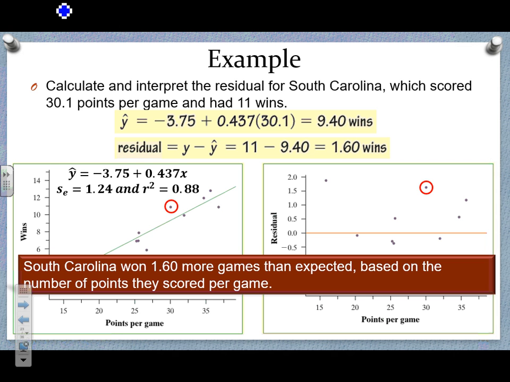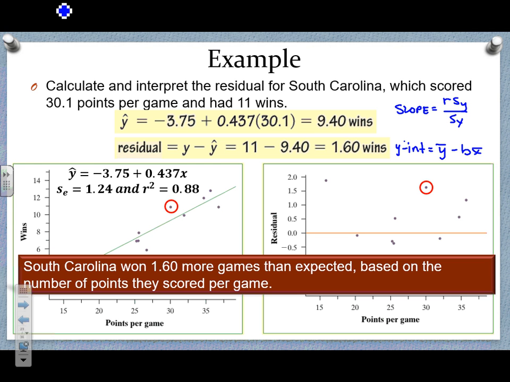Well, what they'd have to do is give you all the points, so they'd have to say for, like, Tennessee, they scored this many, they won this many. For Georgia, and so on, they'd have to give you all those. So if you did the formula, your slope, that's where you have to do r times sy over sx, and then your y-intercept would be y bar minus slope times x bar.